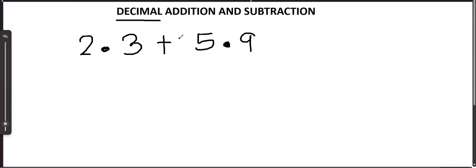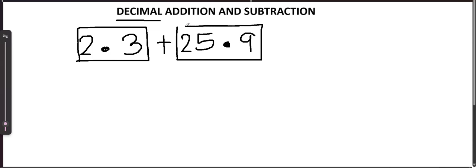My very first question would be really easy. I have a question in my mind which is 2.3 plus 25.9. So I have a 2-digit number over here and a 3-digit number over here, right? I'm going to add this.